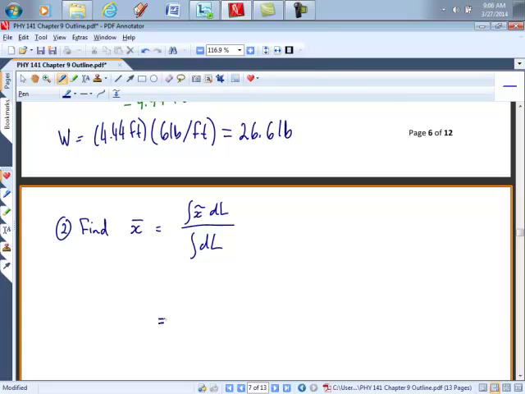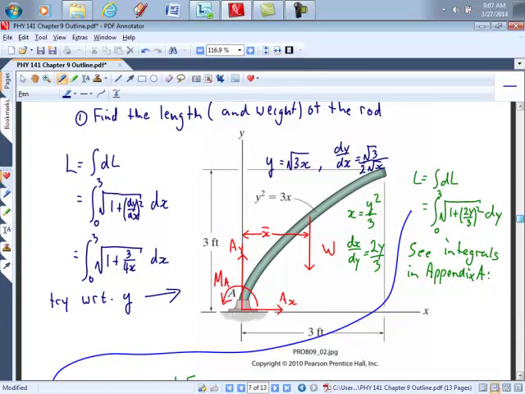So if we try integrating with respect to y again, then we already know what our dl is with respect to y. And our x tilde is going to be what? x tilde is going to be x here as a function of y.